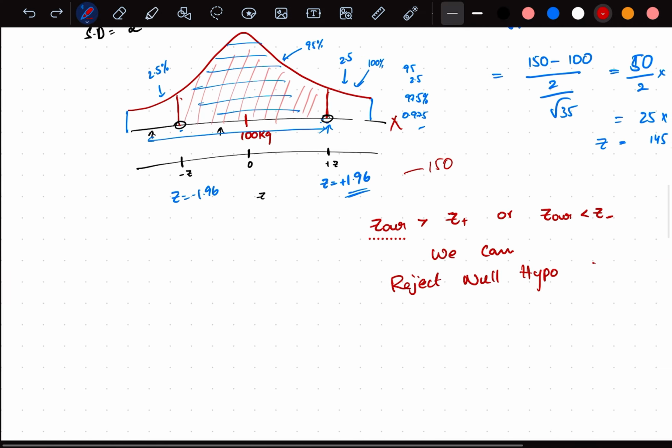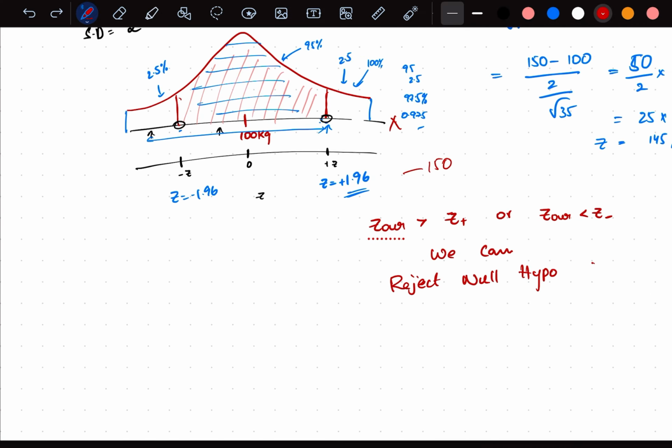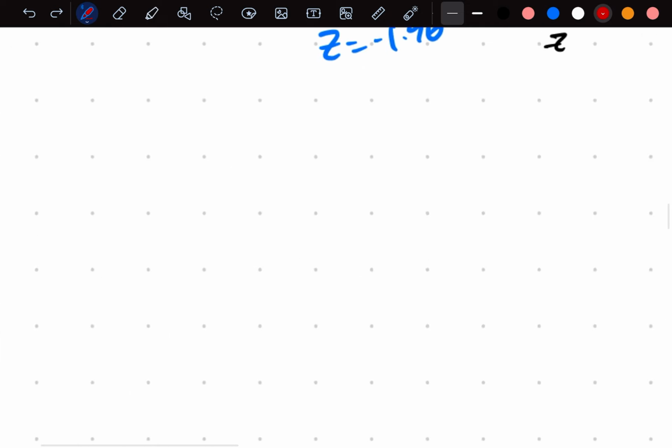So hence our alternative hypothesis, mu 100 is equal to, wrong.